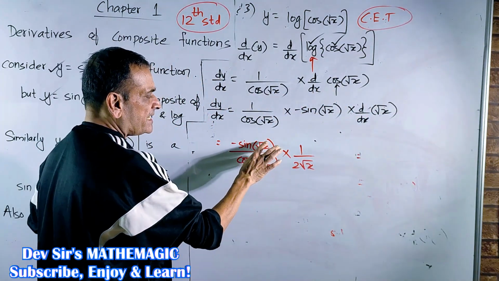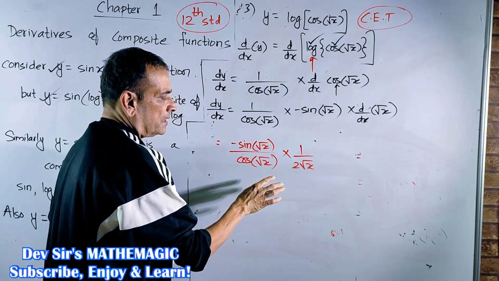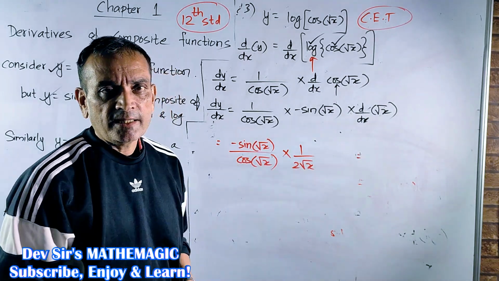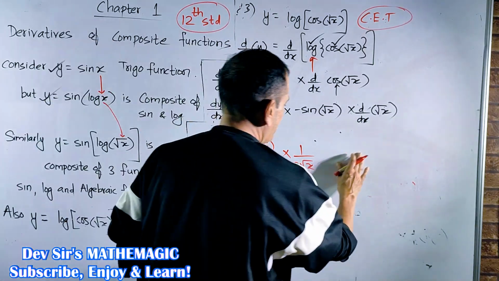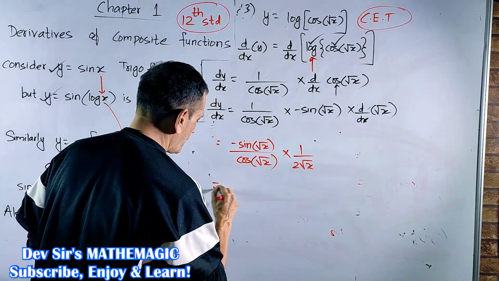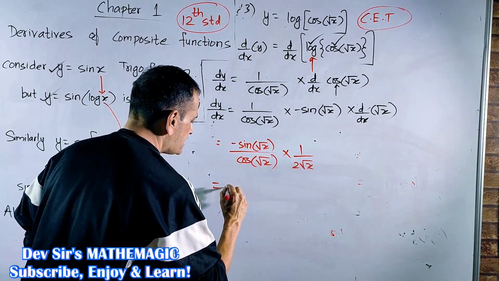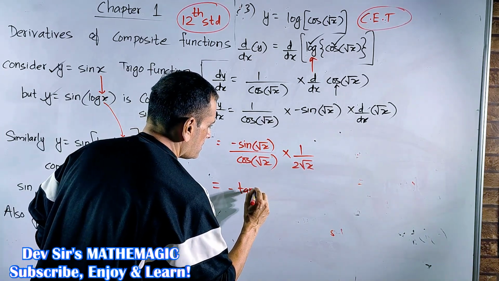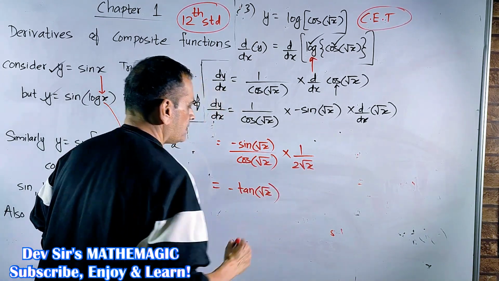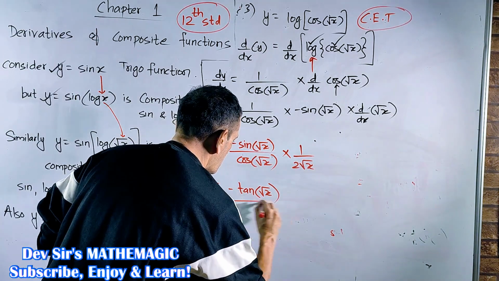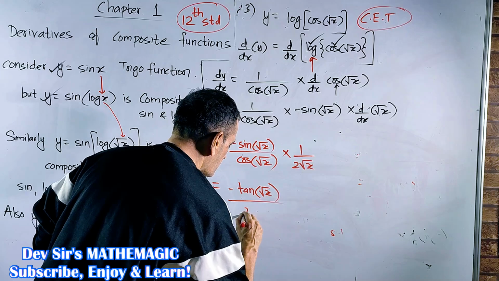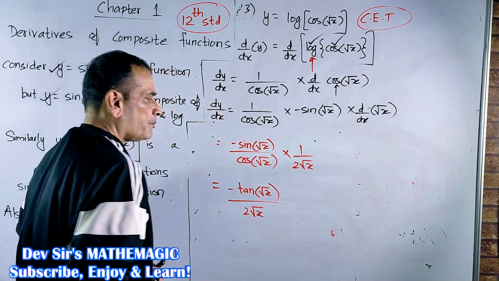If the angles are same, then sin upon cos, sin theta upon cos theta is tan theta. So your final answer is sin upon cos is tan of root x, minus sin is there upon 2 root x.